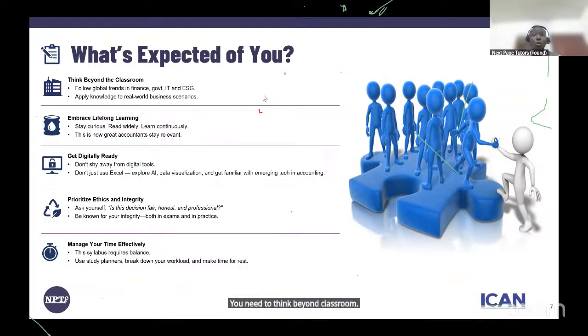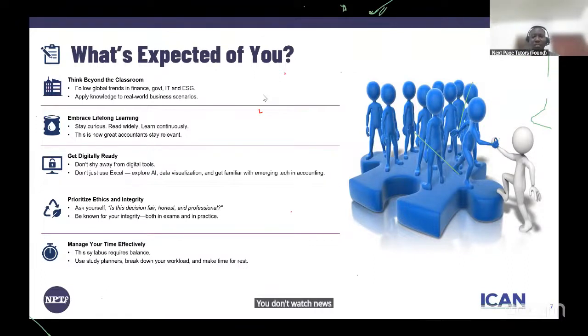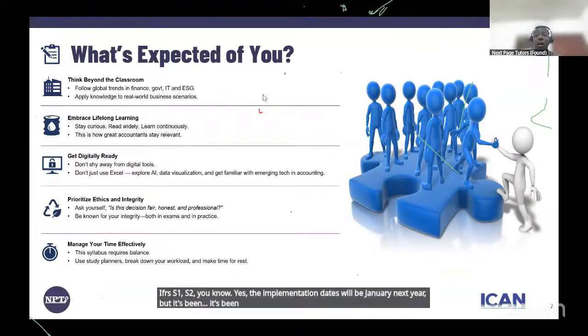Some of you don't listen to the news, you don't watch the news. It's now time to follow global trends in finance, government, IT, and ESG. IFRS S1 and S2, yes, the implementation date will be January next year, but it has been out for a while now.